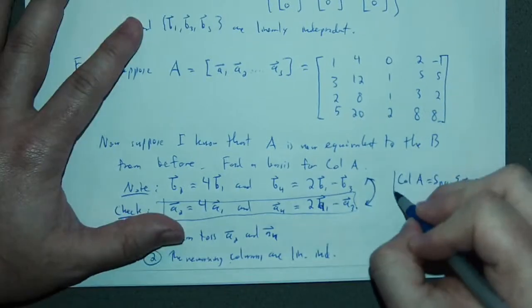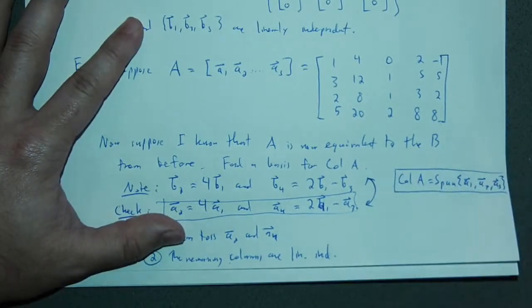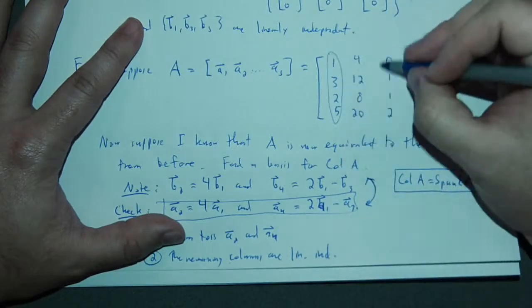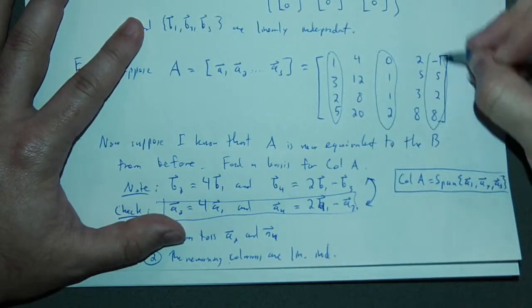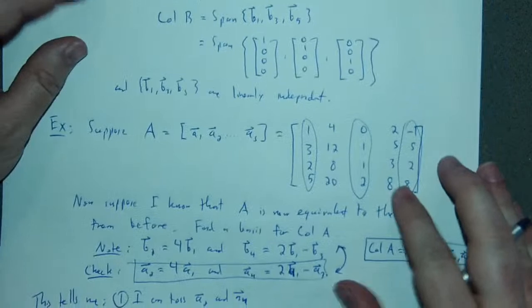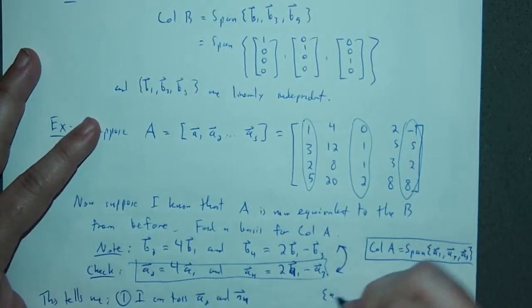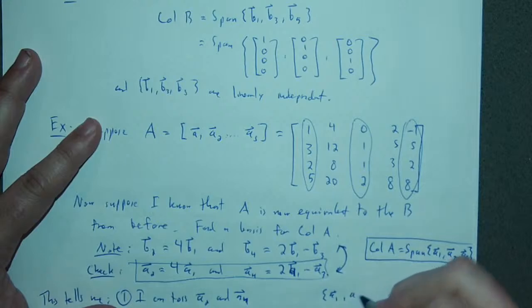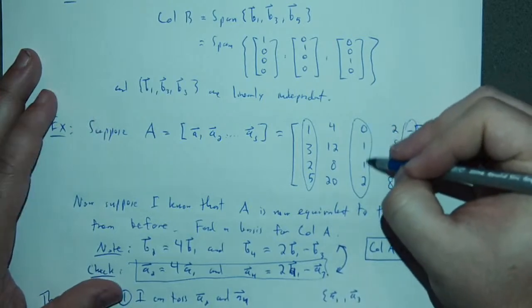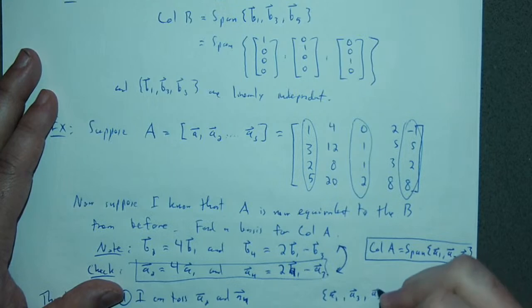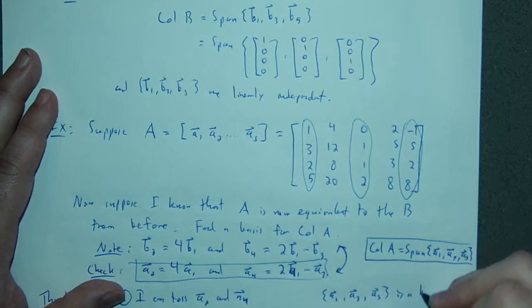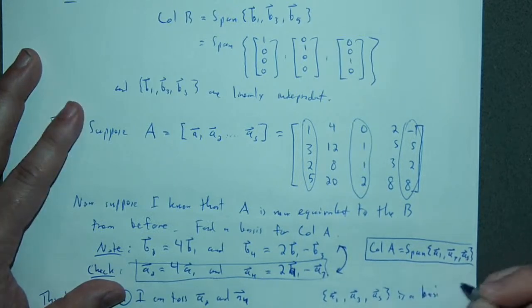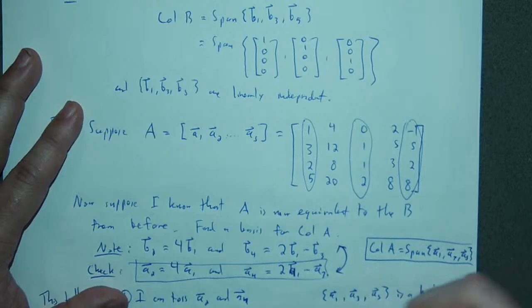So here's A1, here's A3, here's A5. So the set A1, that is the vector 1, 3, 2, 5, A3, which is the vector 0, 1, 1, 2, and A5 is a basis. So this is a basis for the column space of A.